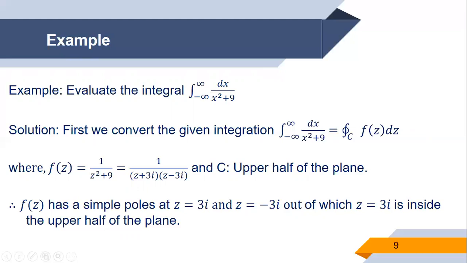Therefore, we convert this integration into an integration over the curve C, f of z dz, where f of z is equal to, x replaced with z, 1 upon z square plus 9. Now the factors of z square plus 9 are z plus 3i, z minus 3i. So f of z is equal to 1 upon z plus 3i, z minus 3i, and we consider the curve to be the upper half of the plane.